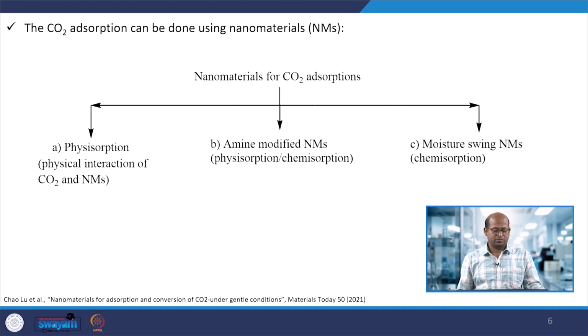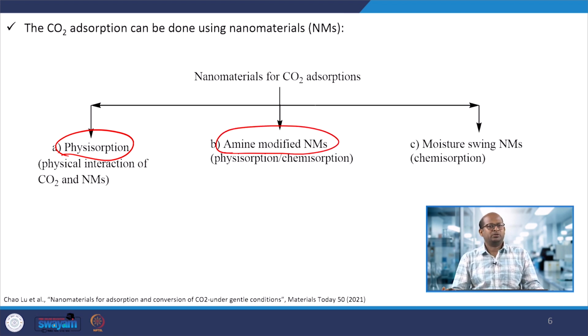Here in the CO2 adsorption process we can use nanomaterials. The CO2 gets adsorbed over the surface of the nanomaterials by physical adsorption, that is called physisorption. Here there are physical interactions between nanomaterials and CO2. Then amine based nanomaterials we can also prepare, amine modified nanomaterials. Let us say we prepare carbon nanotubes, and then the surface can be modified with amines.